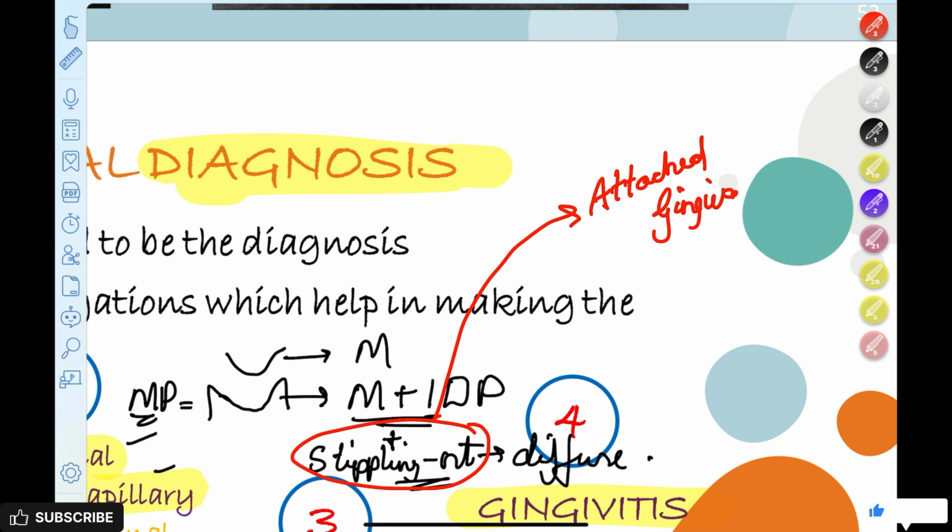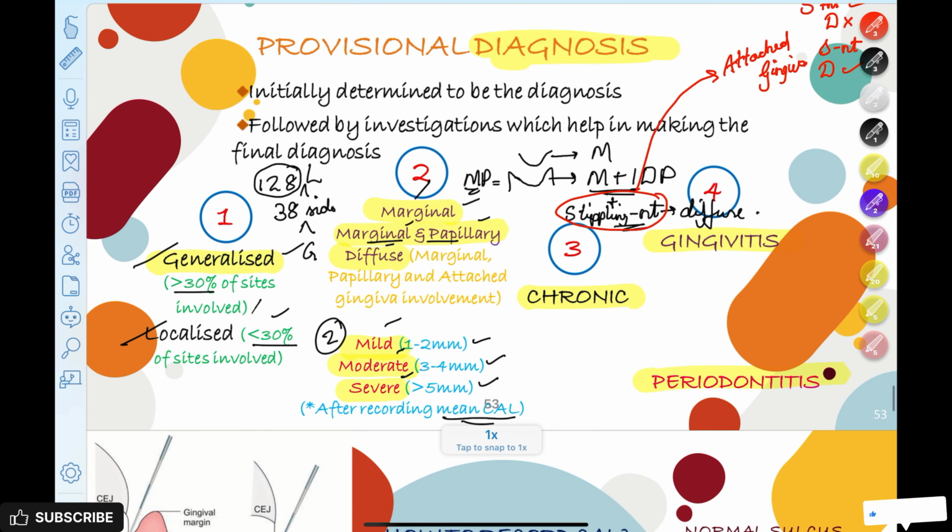So it's very simple. If stippling is present, it is not diffuse, and if stippling is absent, it is diffuse gingivitis. Simple. So you can write the third characteristic. Is it marginal, papillary, or diffuse? Marginal, papillary and attached gingiva normal.